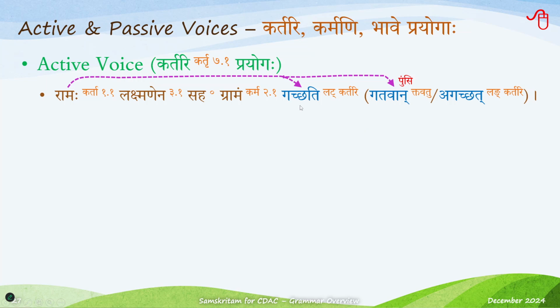So if we wanted to say he went, then we can use the lang, agachat. This is the kriyapada. So Ramah gramam agachat. Ramah Lakshmanena saha gramam. Lakshmanena saha is not bringing anything into this equation.